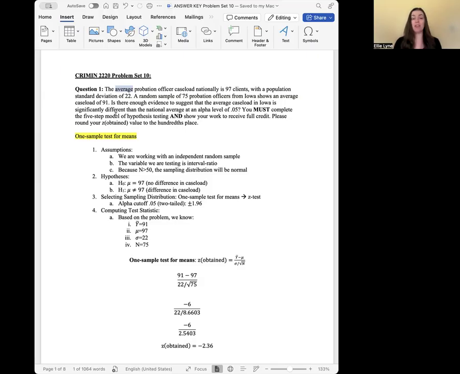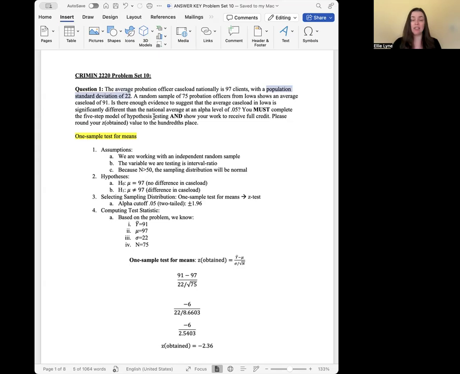The next decision point is whether I am going to be doing this in a one sample context or a two sample context. So let's keep reading along. The average probation officer caseload nationally is 97 clients with a population standard deviation of 22. One of our keywords to signal a grand population is nationally, and I also see a population standard deviation of 22.